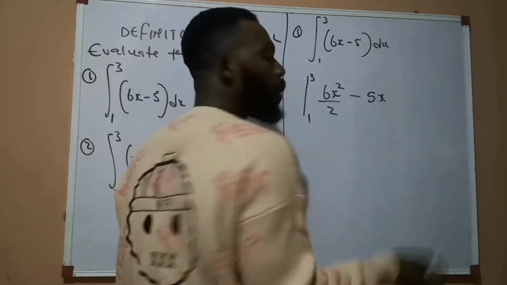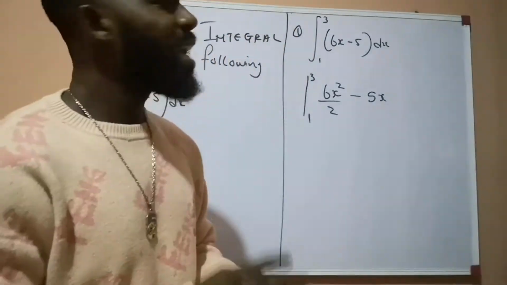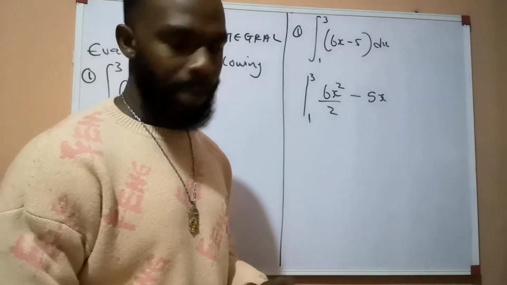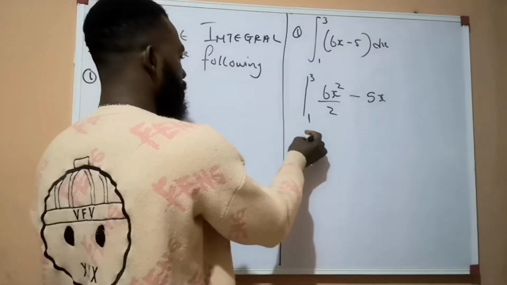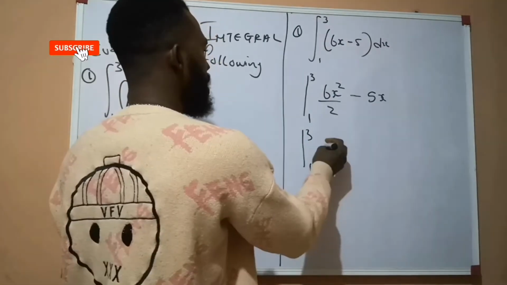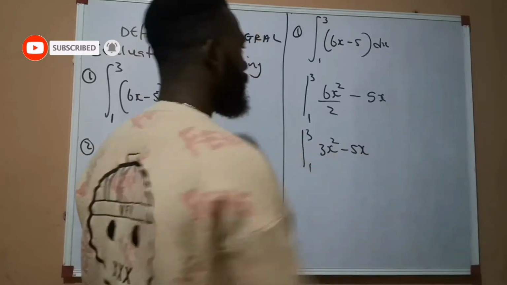There is no plus k here. You only add plus k if you are solving problems on indefinite integral. Now, 2 cancels 6, and we have 3. So here becomes 3x raised to the power 2 minus 5x, with limits 3 and 1.